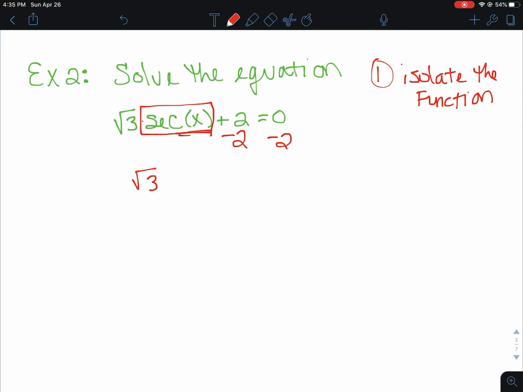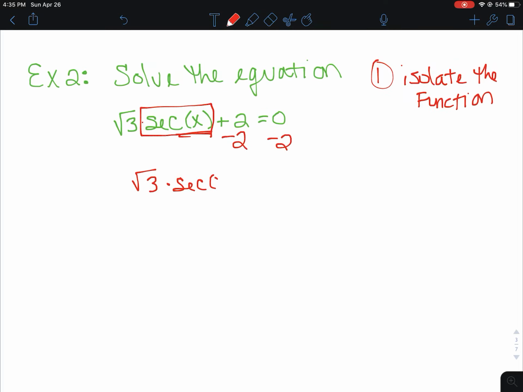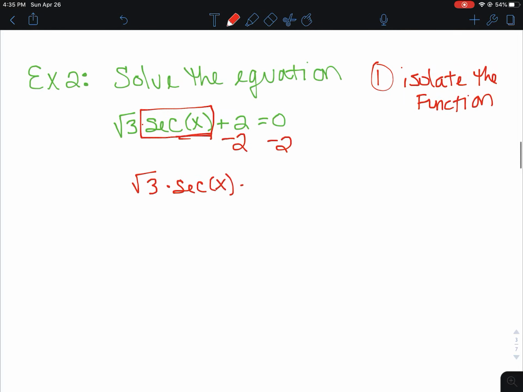And I have the square root of 3 times the secant of x is equal to -2. Now it's the square root of 3 times the secant of x, so I can divide that away. And I get the secant of x is equal to -2 over the square root of 3.